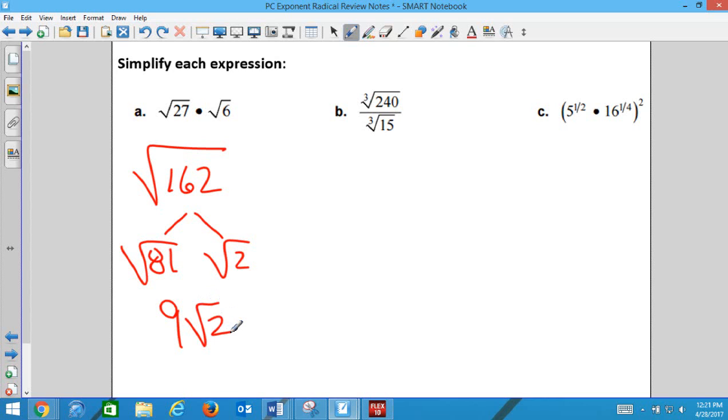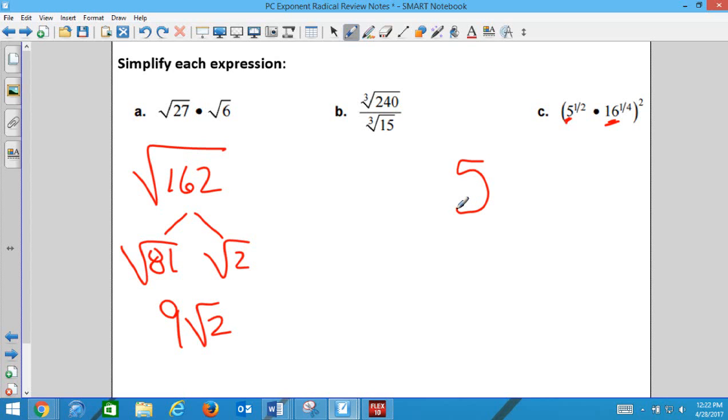I'm going to skip to C. Okay, so C does not have the same base inside, so I can't combine those. But it is multiplication, so I can take everything to the square. So what do I do with the exponents when I'm powering it?